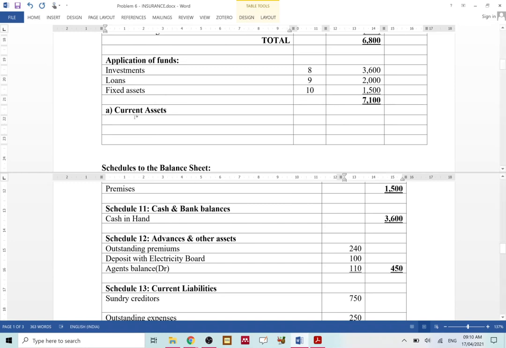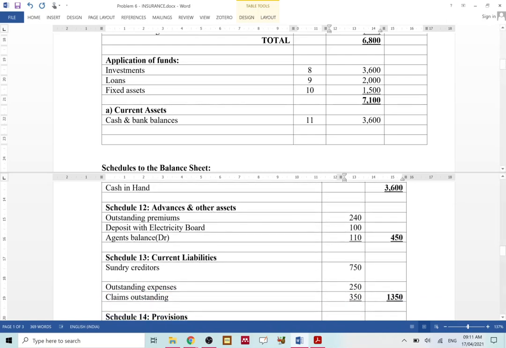Cash and bank balances, schedule 11. Amount 3,600. Then advances and other assets, schedule 12.